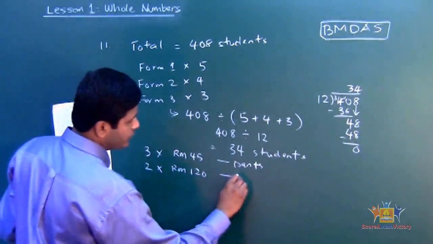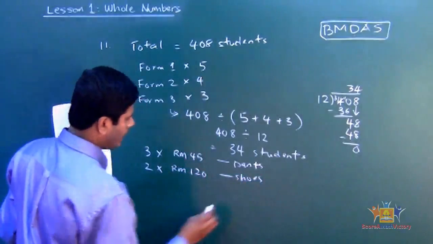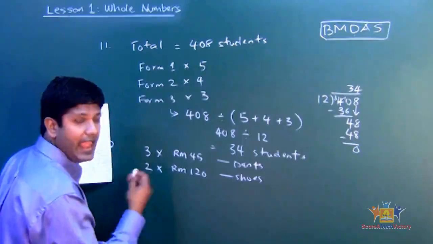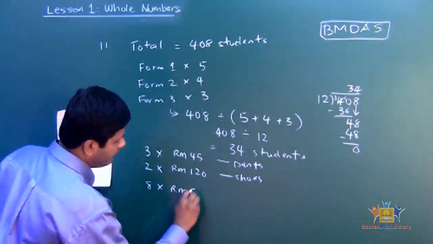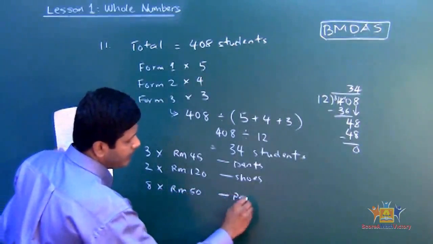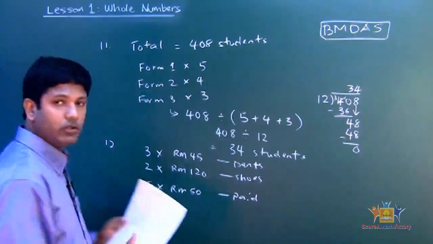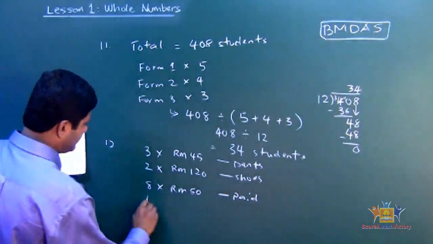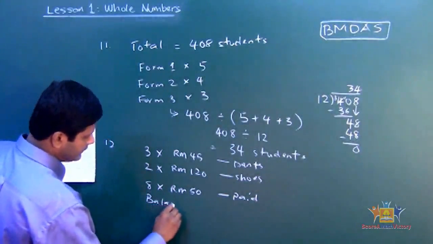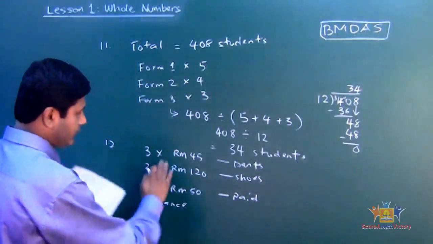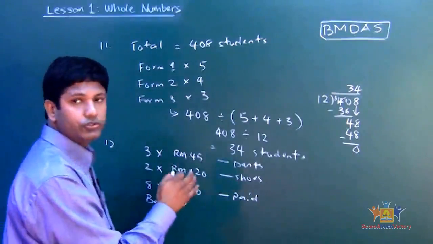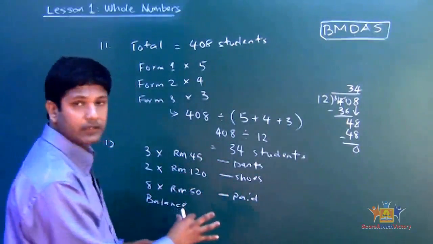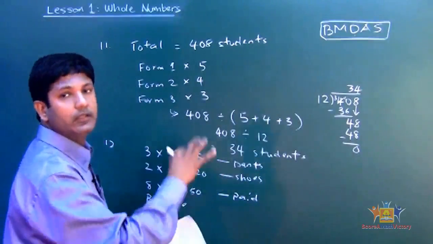Okay, 120 for shoes, and he paid 8 50 ringgit notes. Alright, so the goal is to find what? The balance. See that? So once you write this, let's do it now. First let's find out how to set up this question in mathematical form.